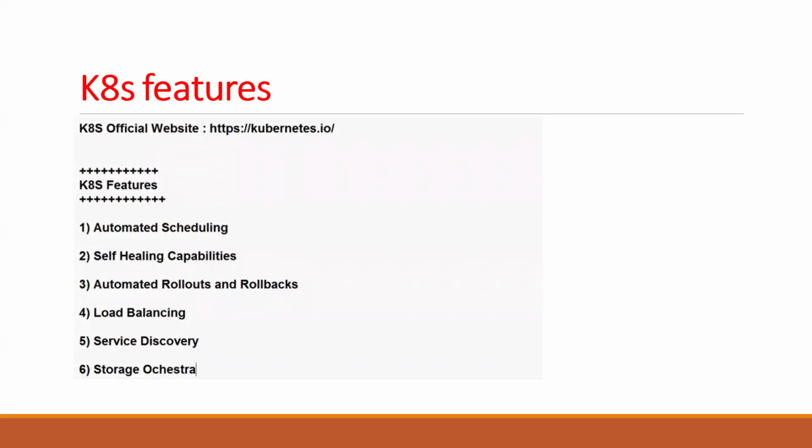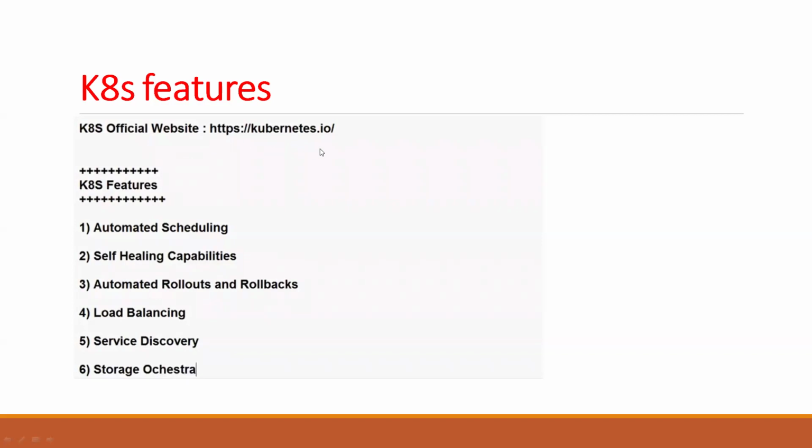Ansible: docs.ansible.com. And what is the Docker Hub URL, guys? The Docker Hub URL is hub.docker.com. The same as the K8s official website, https://kubernetes.io.